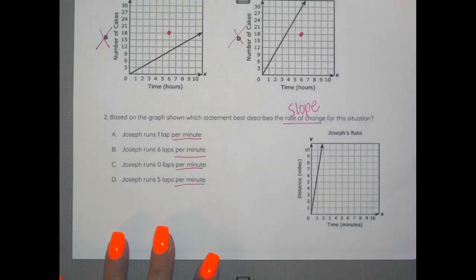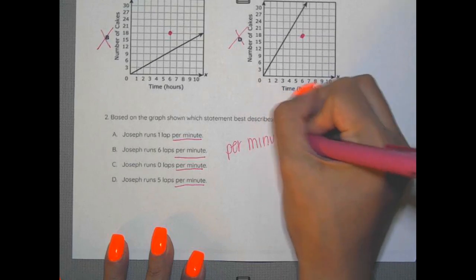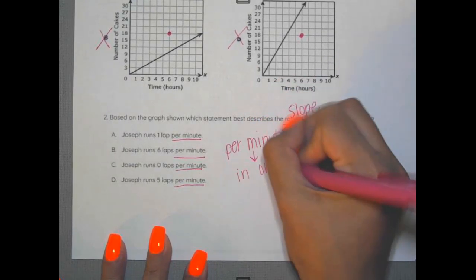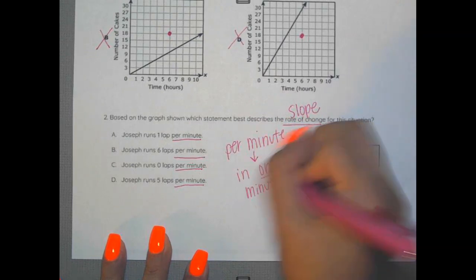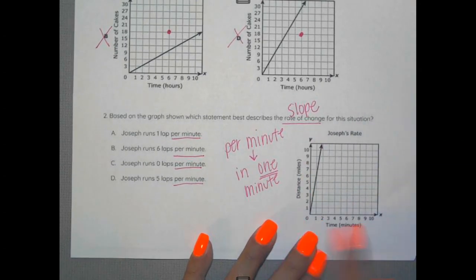And just like in our first example, we said that per hour meant in 1 hour. So for us, per minute is telling us in 1 minute, okay? Now that does help us because if we look at our graph, our time or our minutes is on our x-axis.